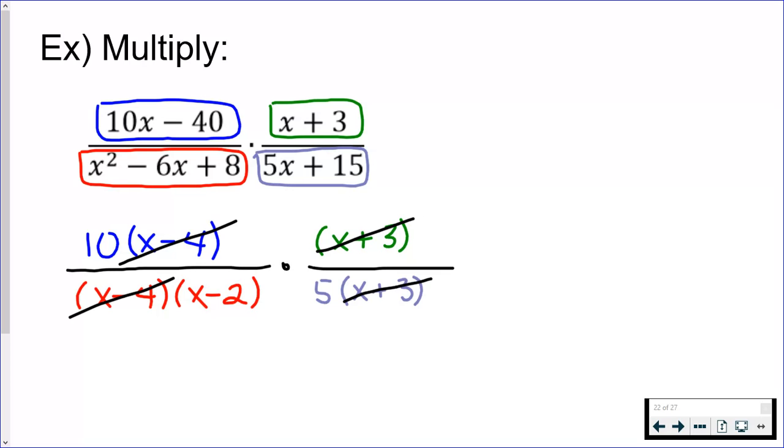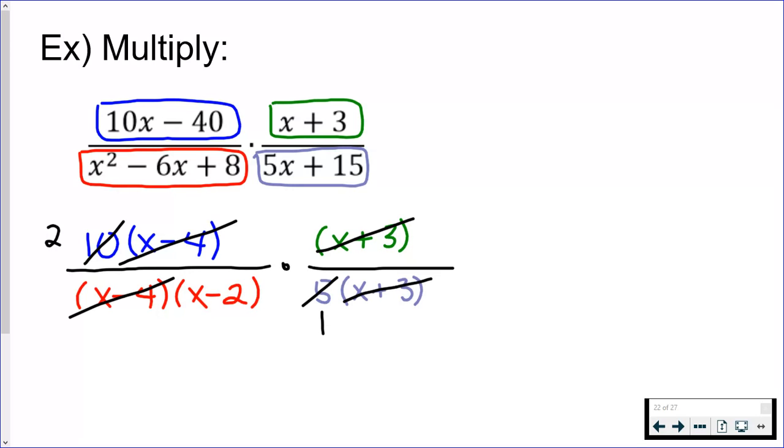Now, what you can do is just immediately multiply straight across, or you may notice that there's a 10 somewhere in the numerator and a 5 somewhere in the denominator. You can go ahead and reduce that as well. 10 over 5 is the same thing as 2 or 2 over 1.